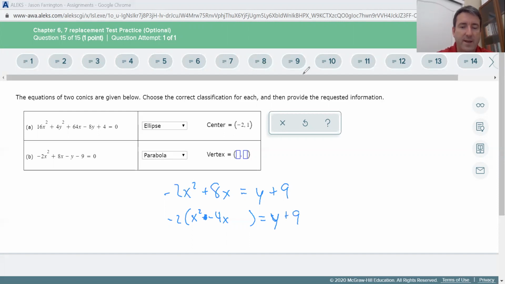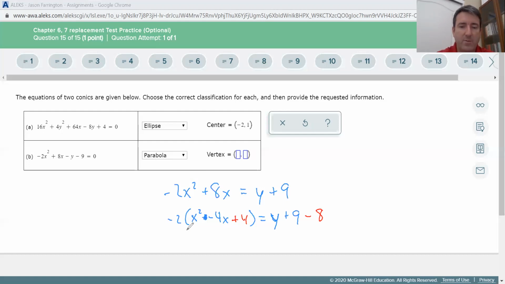And then to complete the square here, -4 divided by 2 is -2. So -2 squared is +4. And here we've added 4 inside the parentheses, so what we really added is 4 times -2, which is -8. So we have to add -8 to this side as well.